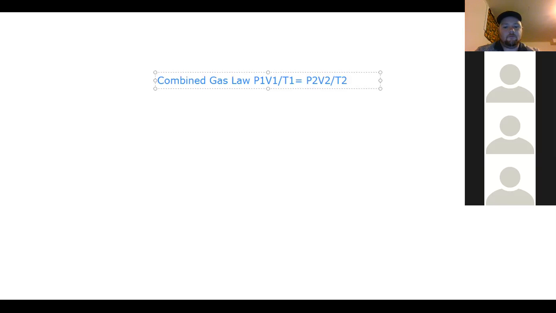For number 5, we have a sample of gas that has a volume of 215 cubic centimeters.